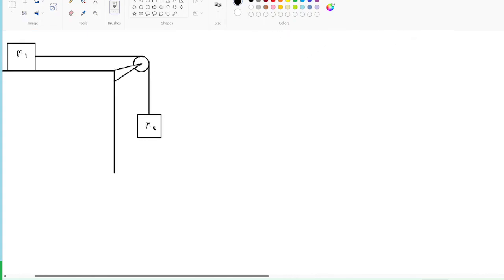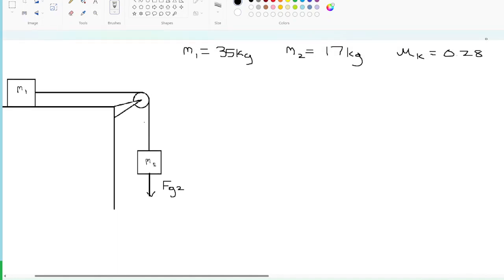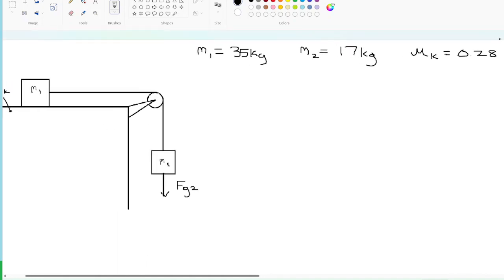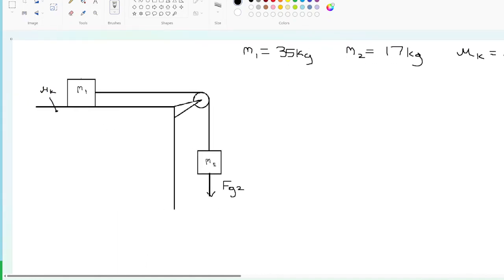These are the forces that are present. One, we have the force of gravity on block 2. We have the force of gravity on block 1.